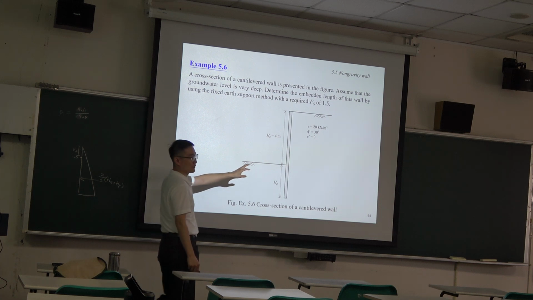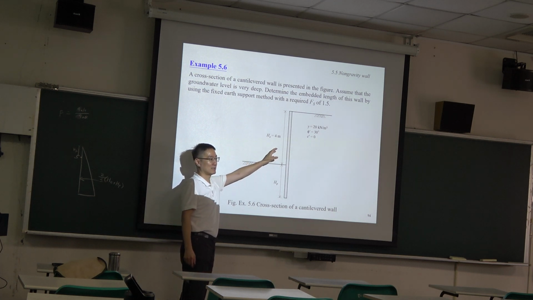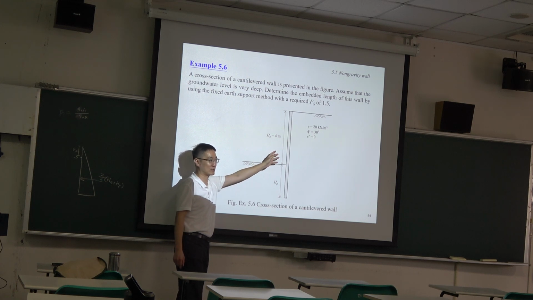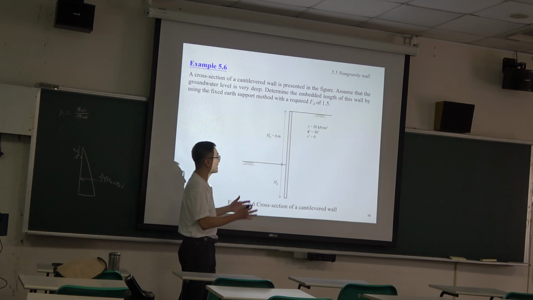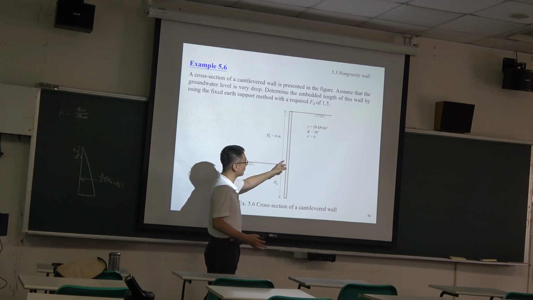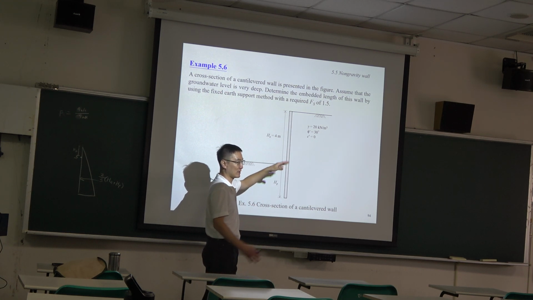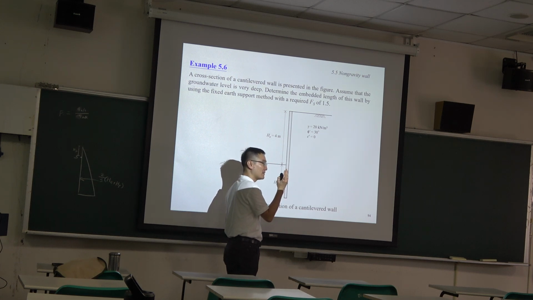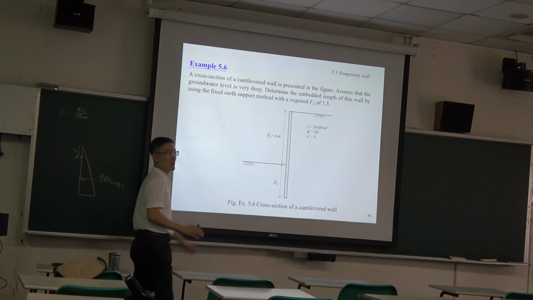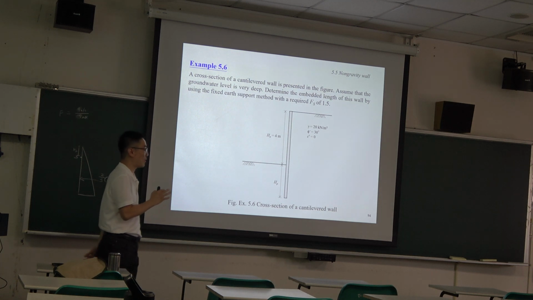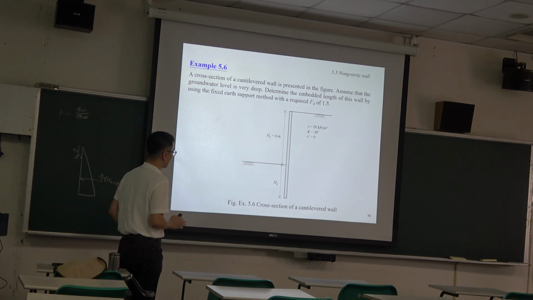Theoretically, if we use a cantilever wall, we will have reasonably good drainage, because with water pressure, the cantilever wall's stiffness is not very good. Water pressure going in can easily damage the cantilever wall, so we have to make sure the water dissipation is reasonably good.